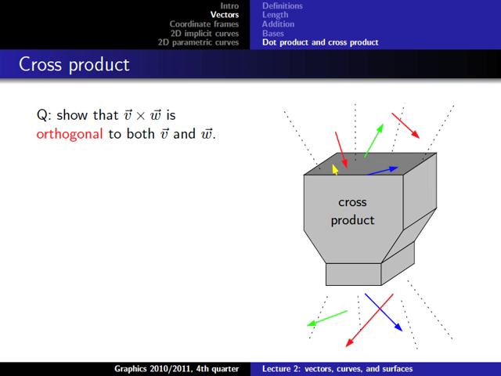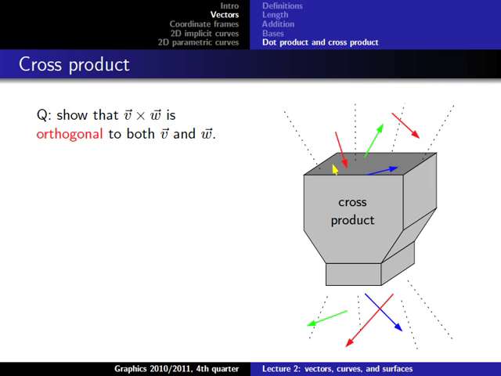Can we prove that? And of course, how could we prove that? We already said that when we mentioned orthogonal today, it was in relation to the dot product: if the angle between two vectors is 90 degrees, then the dot product is 0, because the dot product depends on the cosine of the angle, and the cosine of 90 degrees is 0.